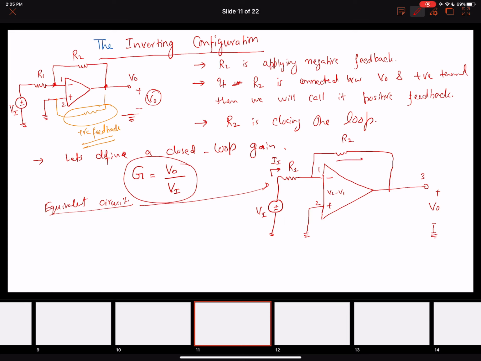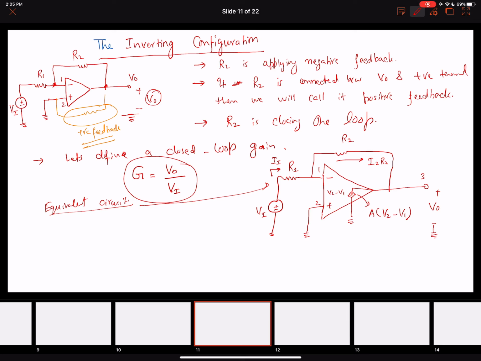Let's say the current that goes over here is I2 through R2. And we have a voltage controlled voltage source here, plus minus, which is A times (V2 minus V1).